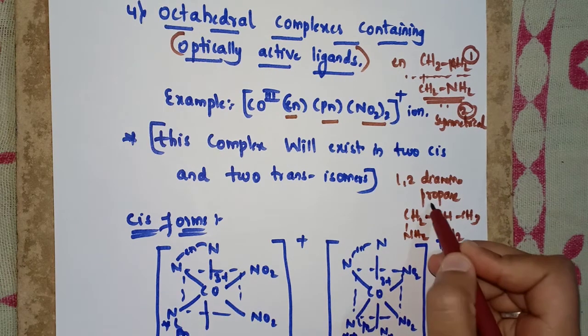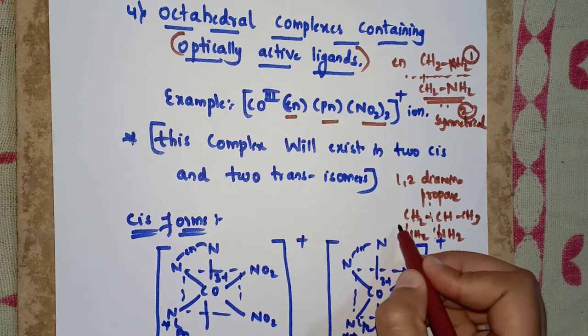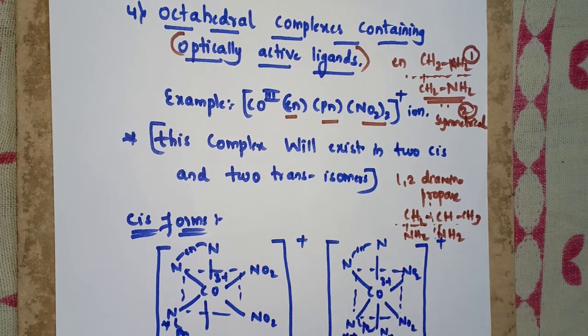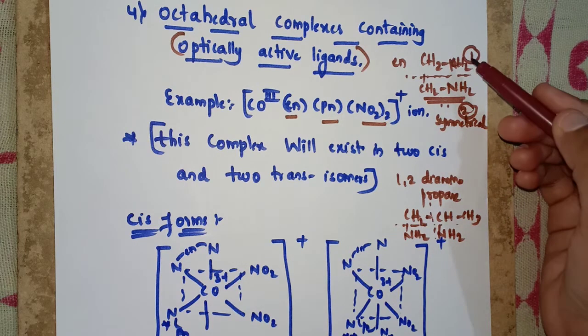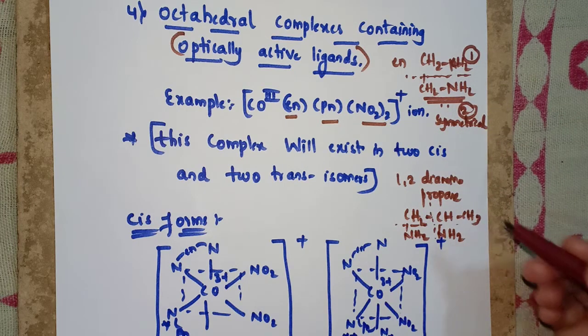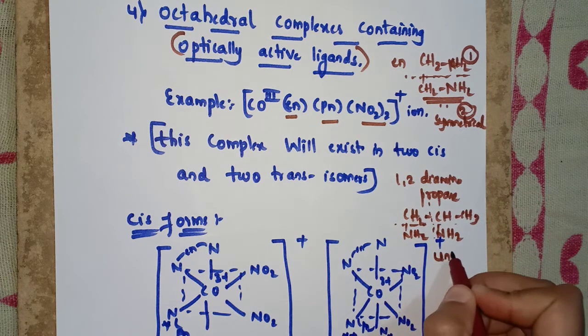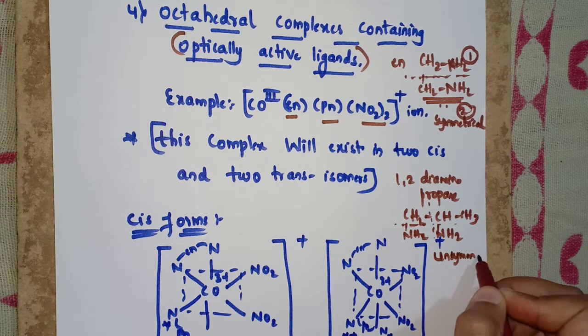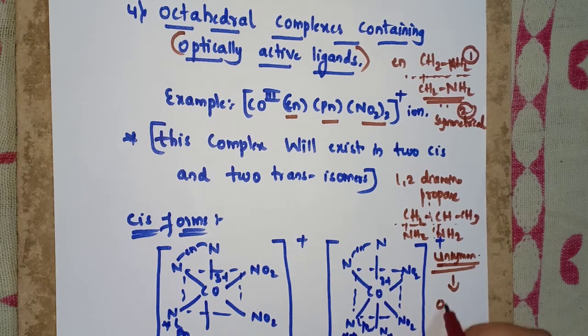You can try. If you cut like this, you will not obtain similar structures facing each other. In the symmetrical structure you can see similar structures facing each other, but here you cannot. So it is unsymmetrical. That means it is optically active.